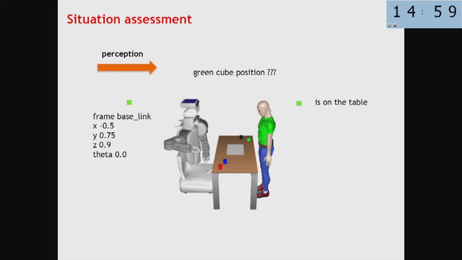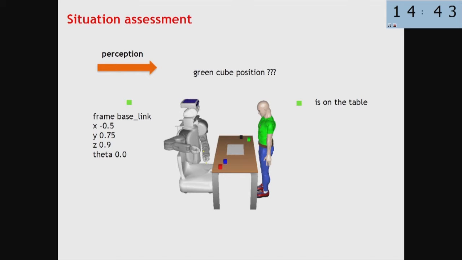But in fact, the position of an object for a robot is something very simple: in this frame, at this position, X, Y, Z, and theta, here is your object.